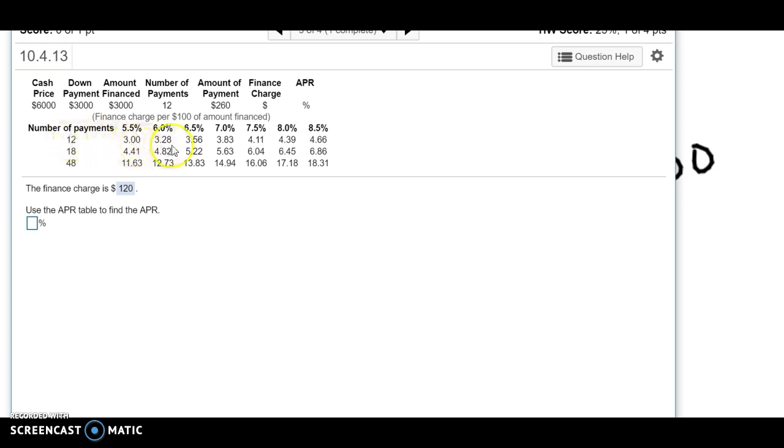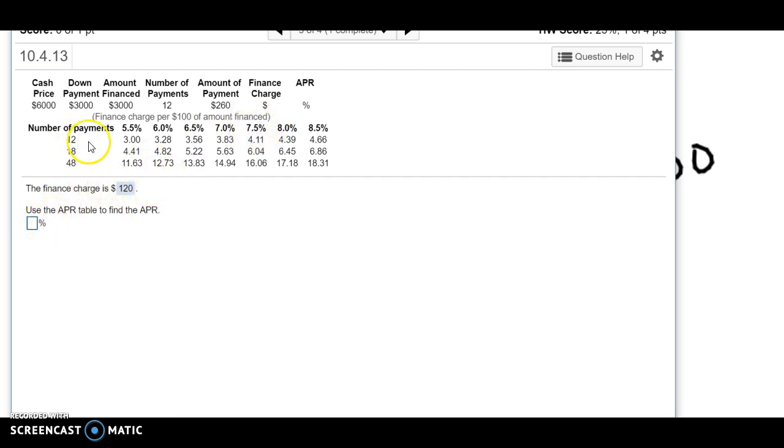So it's the first row, and we look across. And we are trying to find a value that is close to the answer that we just got of 4.00. The value that's closest to 4.00 is 4.11. So that means the APR is 7.5%.